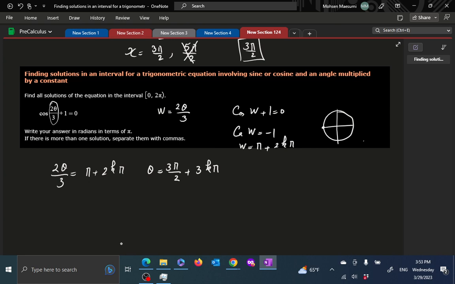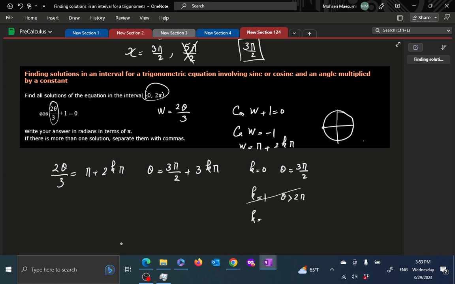Now we try. If I take k equal to 0, I get an angle which is fine because I am in the appropriate range. If I take k equal to 1, what do I do? 3 pi over 2, and then you add 3 pi to it. Then theta exceeds 2 pi, so that is not acceptable because we are getting out.